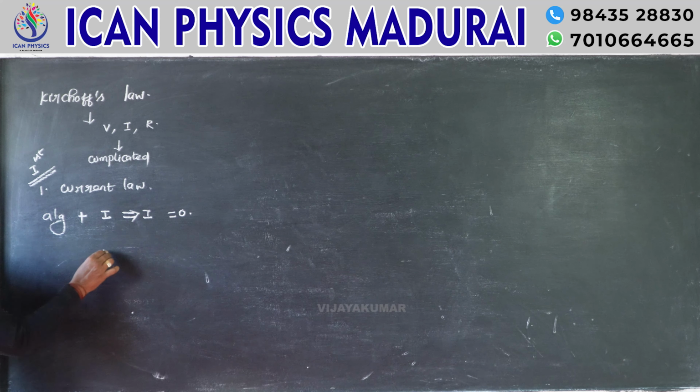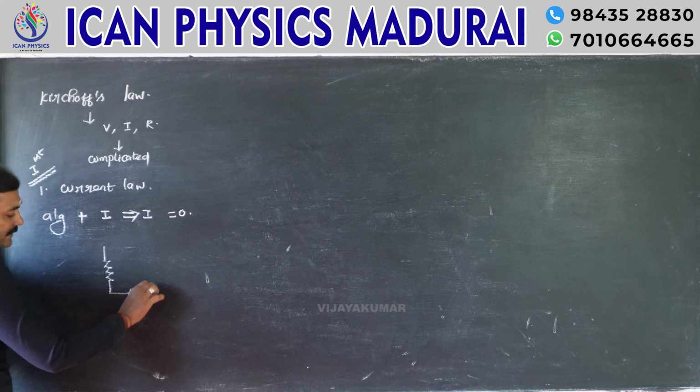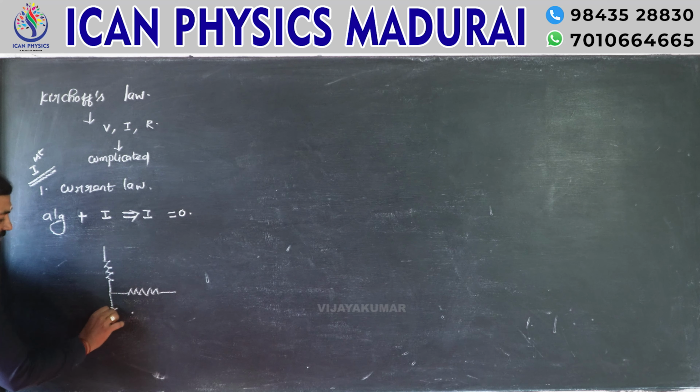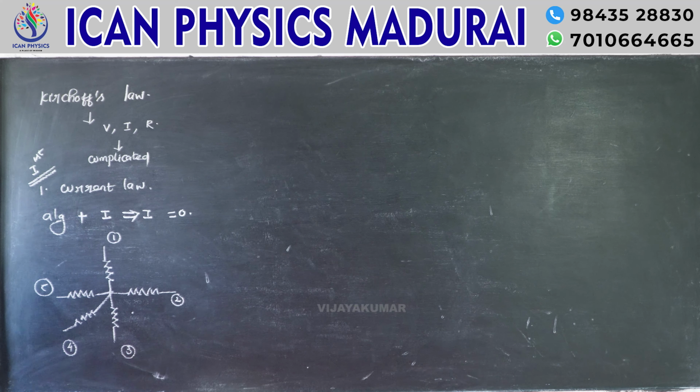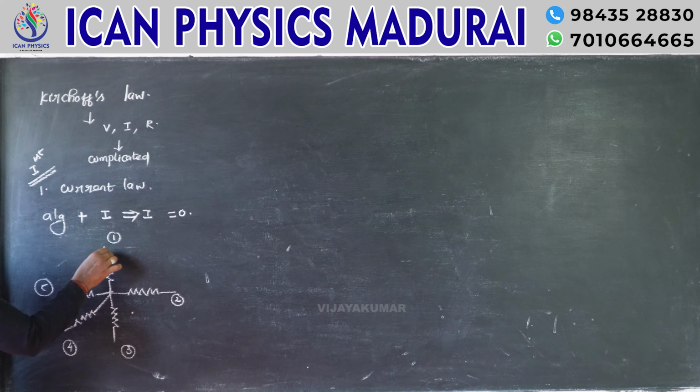Now I am going to consider a circuit which has different arms. It has 5 arms: arm 1, arm 2, arm 3, arm 4 and arm 5. In arm 1 the current is moving towards the junction, I1.